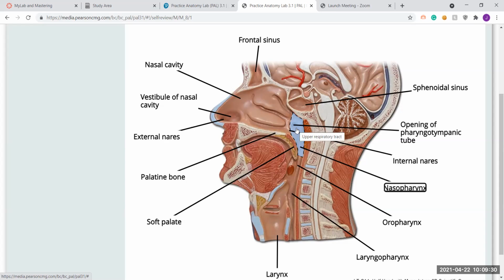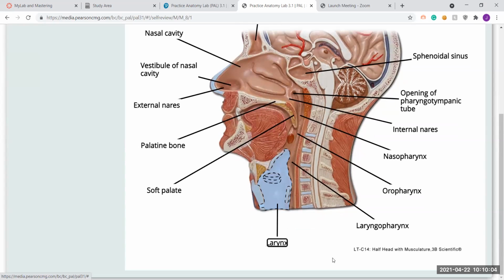So here is the pharynx, the nasopharynx, where you have the opening of the pharyngotympanic tube. The pharynx behind the nose is the nasopharynx, and the pharynx behind the mouth is called the oropharynx. The pharynx behind the larynx is called the laryngopharynx. The laryngopharynx is separated from the larynx by this finger-like projecting structure that is called the epiglottis.